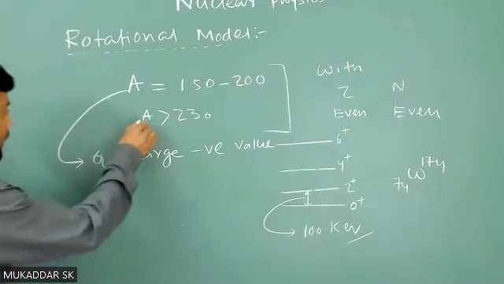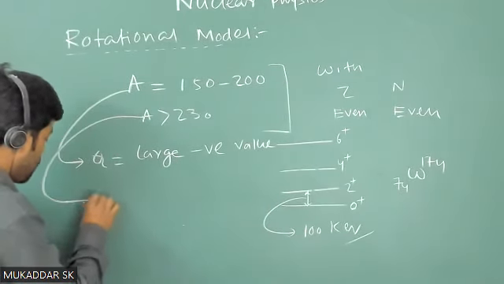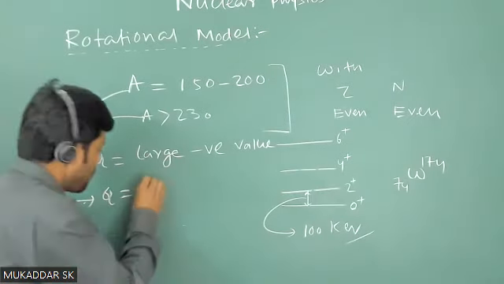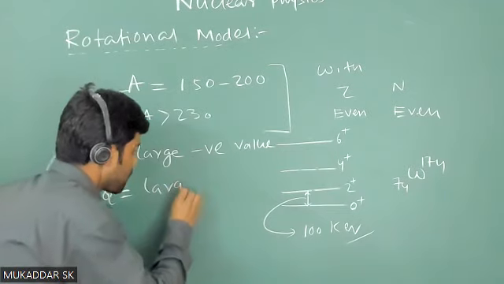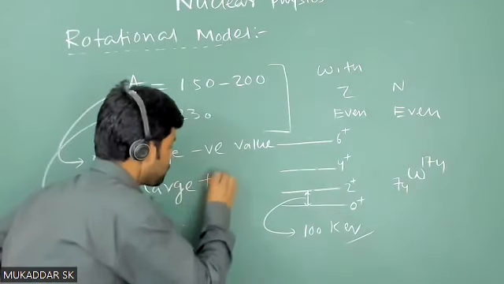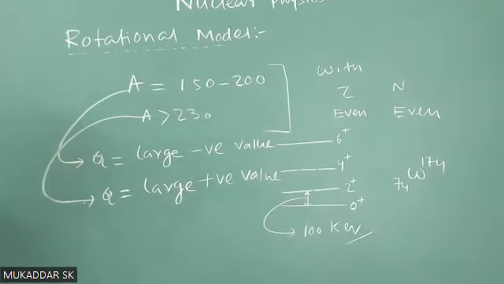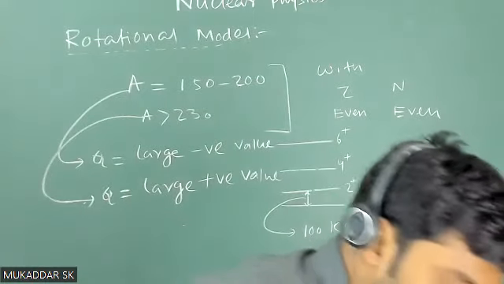And for the other nuclei, the electrical quadrupole moment has a large positive value. What is the meaning of this? Large negative value and large positive value.